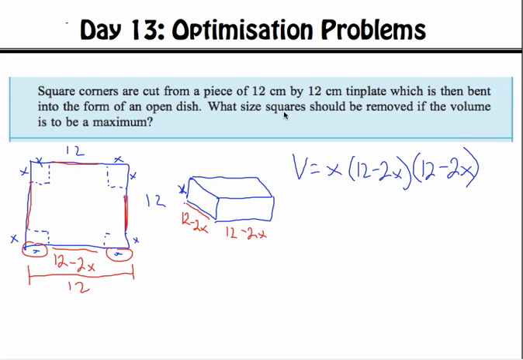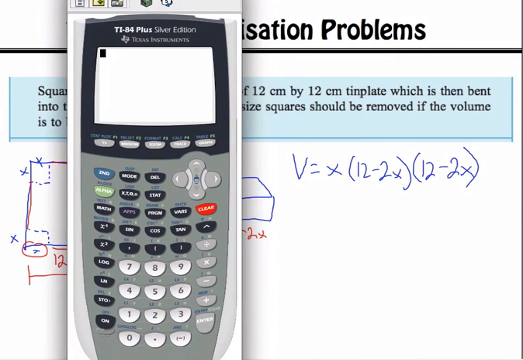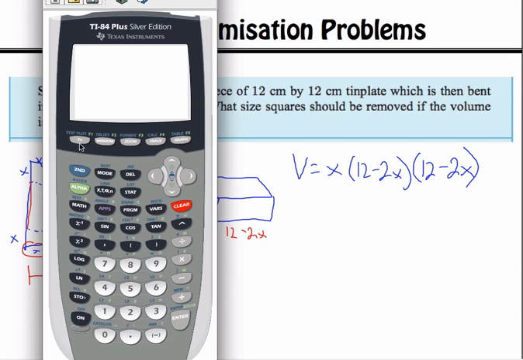You can simplify this and find the derivative and find the maximum and all that. I'm going to try graphing it, see if that's going to be any easier. So I'll graph it, and let's type it out as it is: x times (12 minus 2x) times (12 minus 2x).